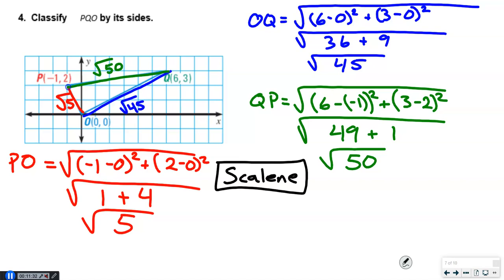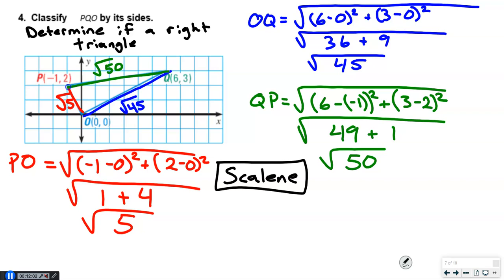Now, one other thing I want to look at. If we needed to determine if this was a right triangle. So I'm going to write this up here also. If we need to determine if it's a right triangle, we're actually going to use what we learned in Unit 3.